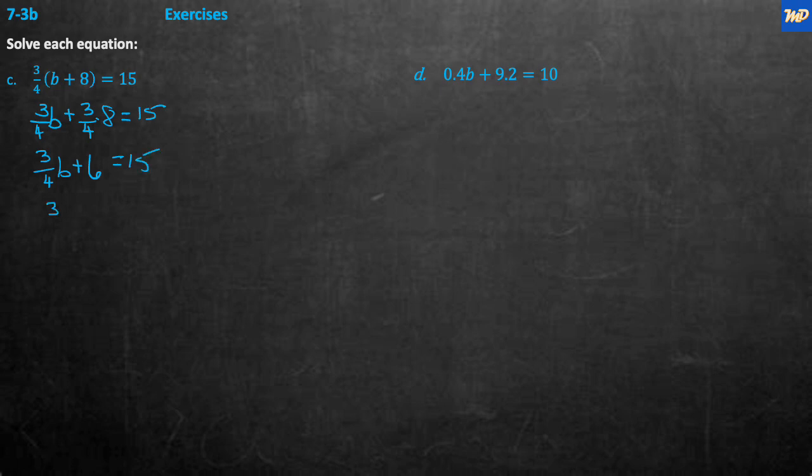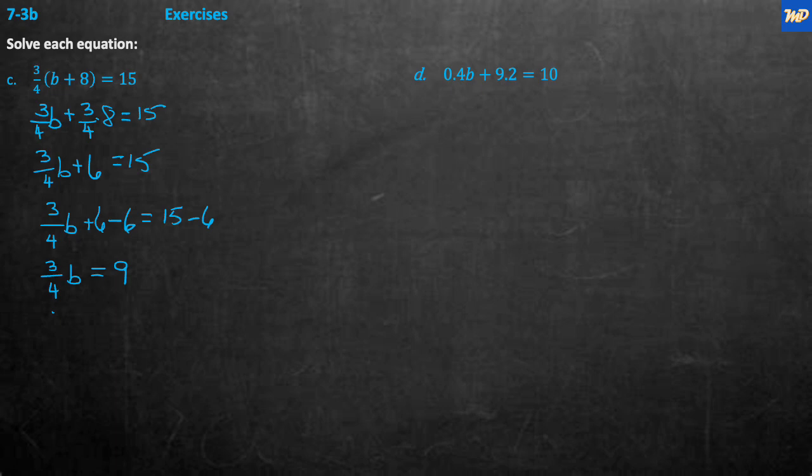So 3/4 B plus 6 minus 6, because now we're going to undo the arithmetic, the adding and subtracting. 15 minus 6. 3/4 B plus 6 minus 6 is 0 equals 9, since 15 minus 6 is 9. So now to get rid of the 3/4 with the B, we have to multiply by its multiplicative inverse, or the reciprocal.